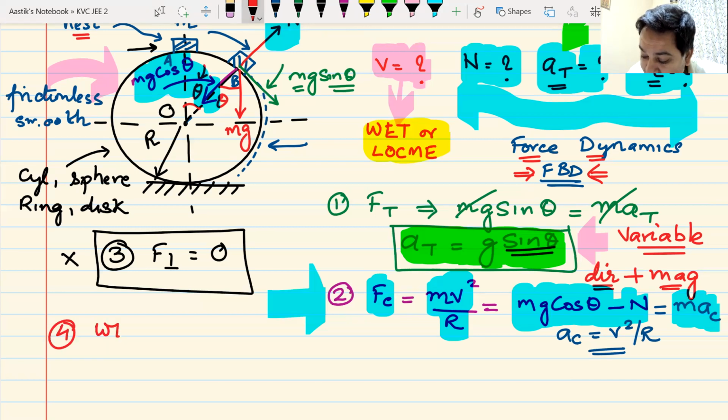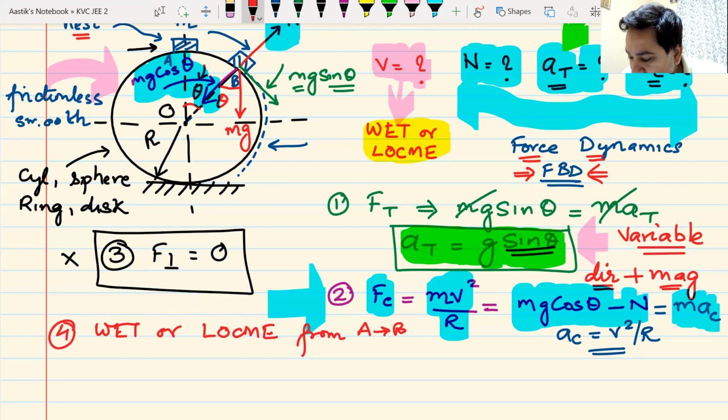Applying work energy theorem. There is no friction, so I'll apply law of conservation of mechanical energy from point A to point B, and that will give me one more equation, and that equation will actually solve this entire problem.